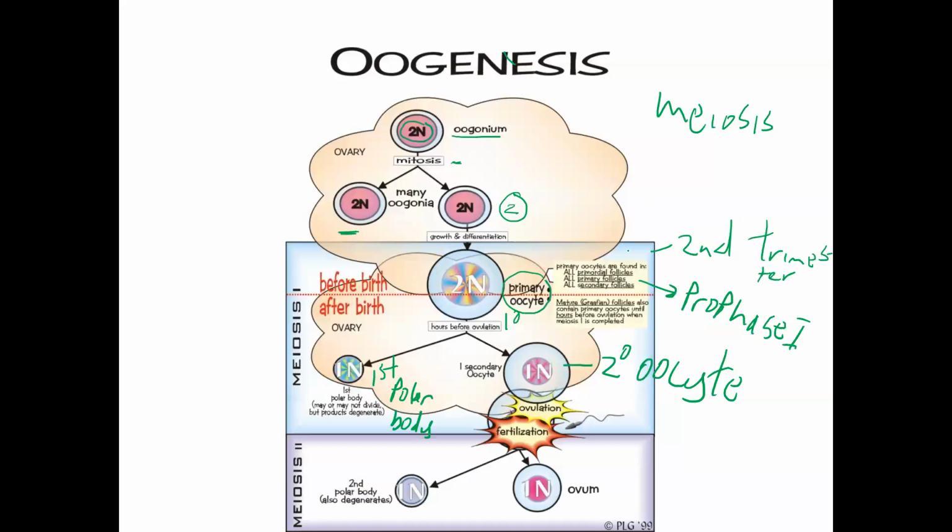What I should mention, though, and I did mention, is that the secondary oocyte finishes prophase, meiosis 1, but itself stops at metaphase 2. So that's the second metaphase in meiosis. It only finishes meiosis 2 after it's fertilized.